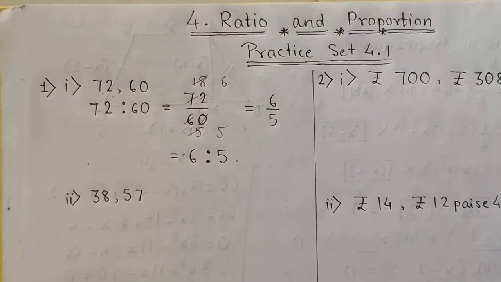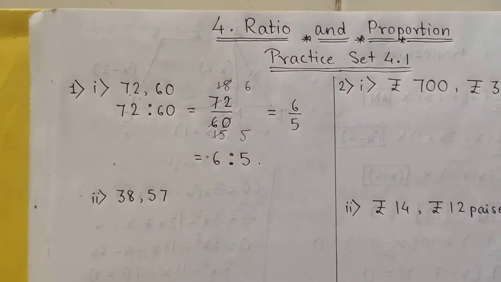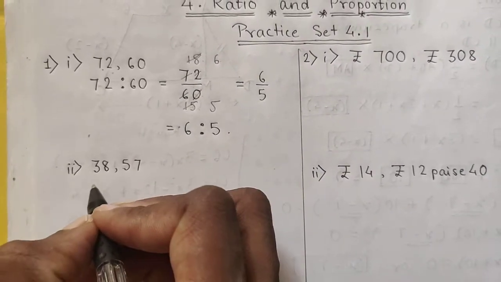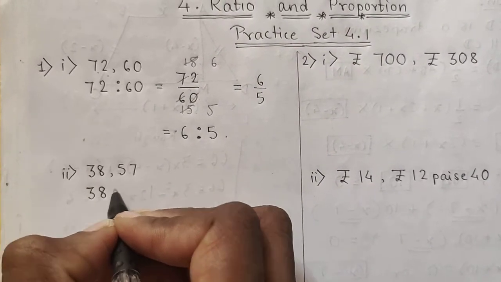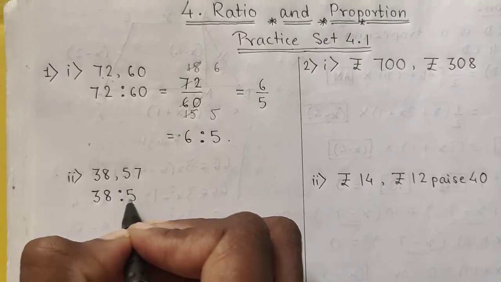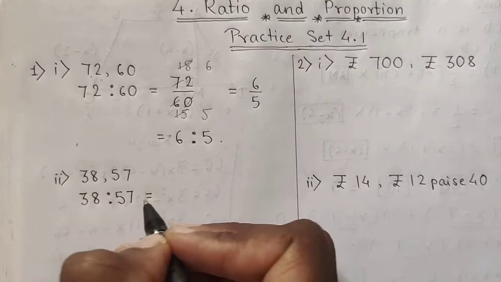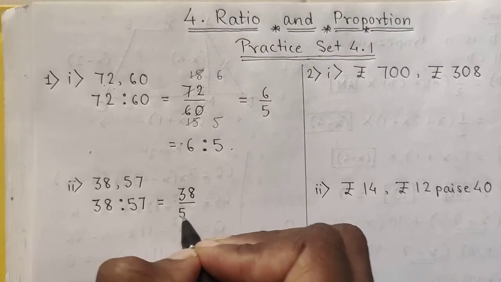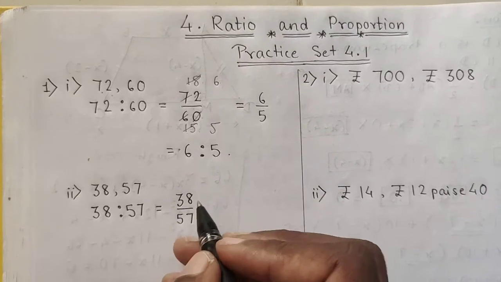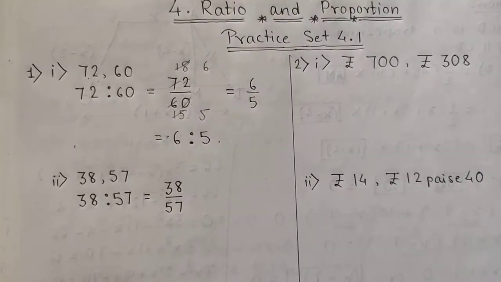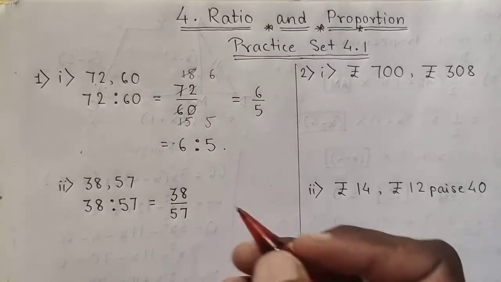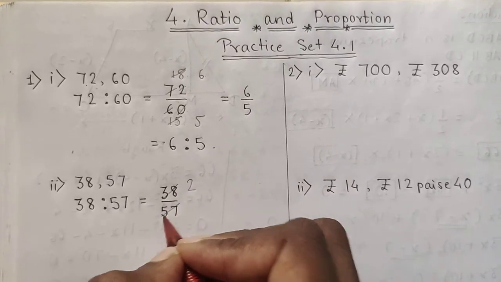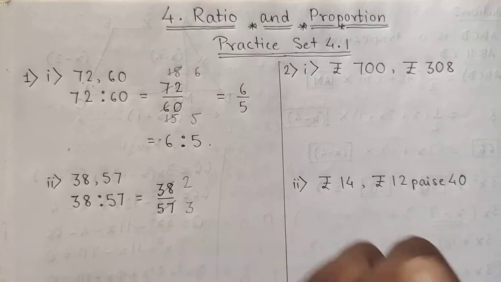In this way you are going to solve all the questions of this. Let us see the second one. In this case, what you have to find out? 38 is to 57. So this is 38 divided by 57. Students, this is divisible by 19 only. 19 twos are 38 and 19 threes are 57.